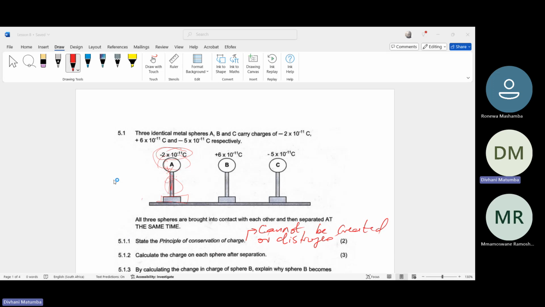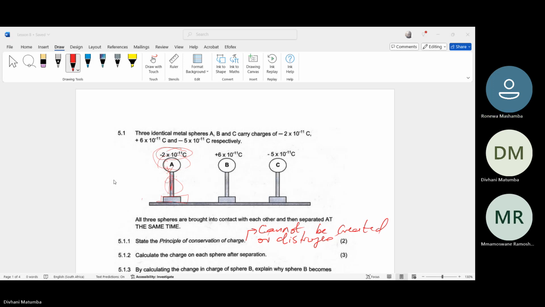Before we continue, I just want to ask, can you explain, Ronald, how the electrons moved in this setup? They moved from which sphere to which sphere until we reached equilibrium? What do you mean?